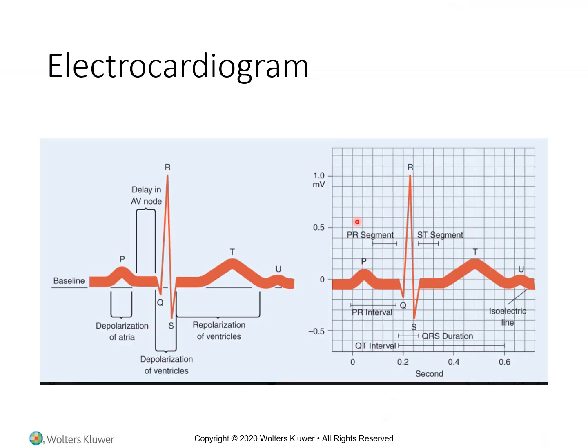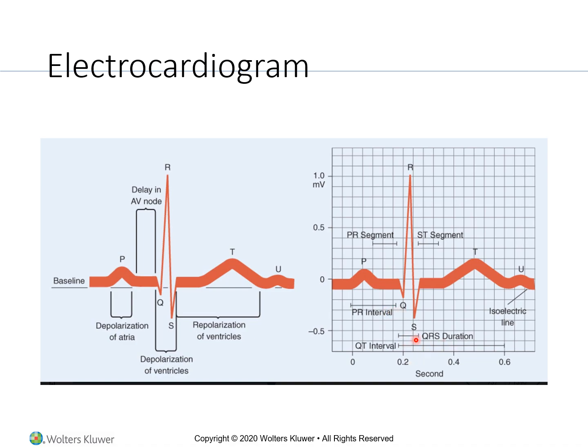And so when we name the electrocardiogram, we call this the P wave, the QRS complex, and the T wave. If you look over to the right, the PR segment is between when the atria start to depolarize and when the ventricular depolarization occurs. We call that the PR interval.